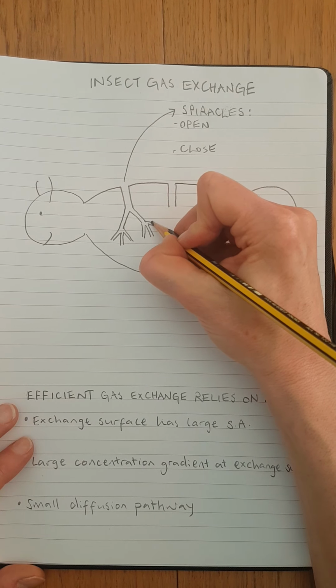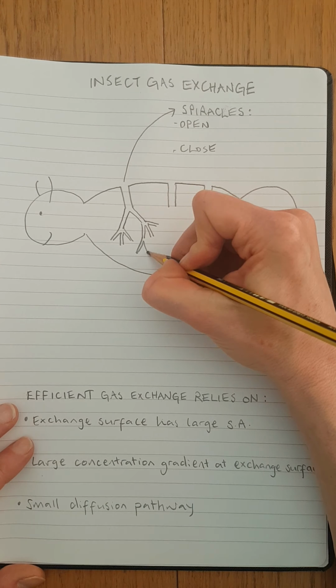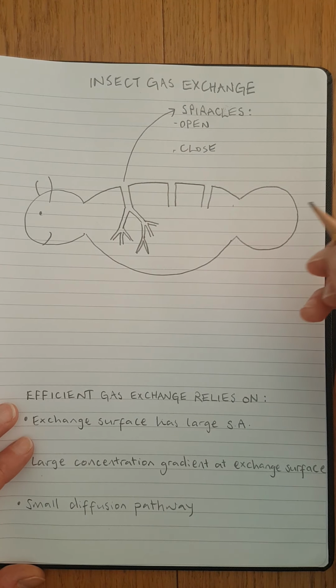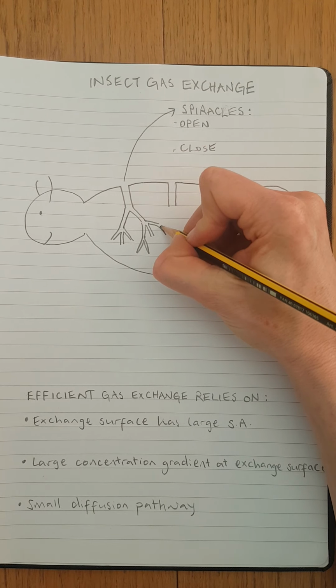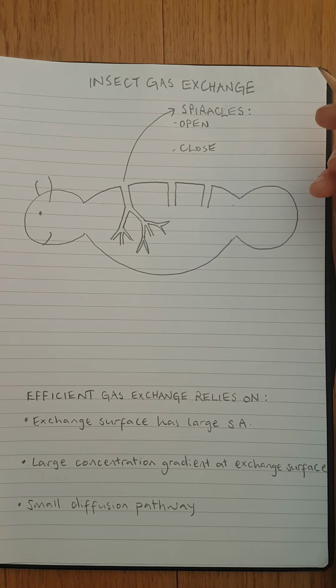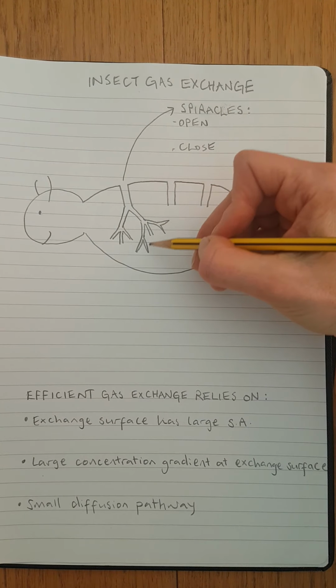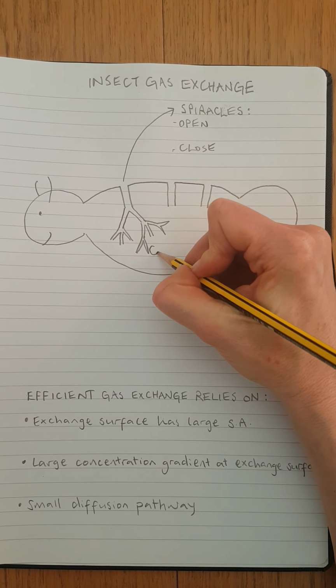Okay, so I'm just going to draw in a couple of examples to show you that they're getting smaller and smaller, and then at the end of each tracheole, so there are these all over the insect's body. Remember, they don't have blood in the same way that we do, so they have to transport their gases through these little airways to every cell of the body.